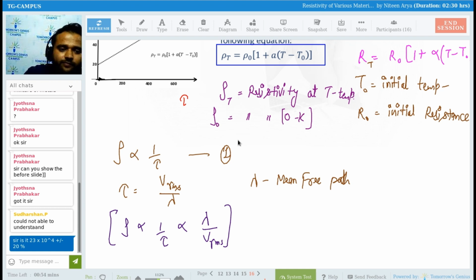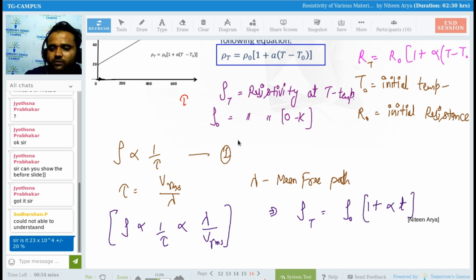It is mostly linear, and so rho of T equals rho naught times 1 plus alpha T, or this T can be T minus T naught. This T is not the temperature itself here, but the temperature difference.